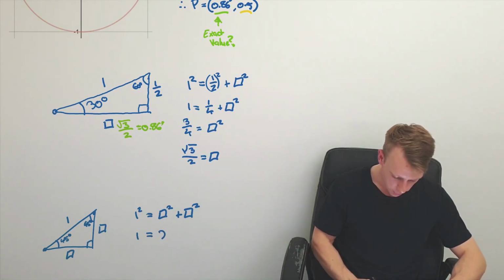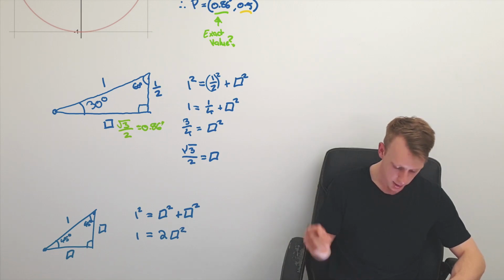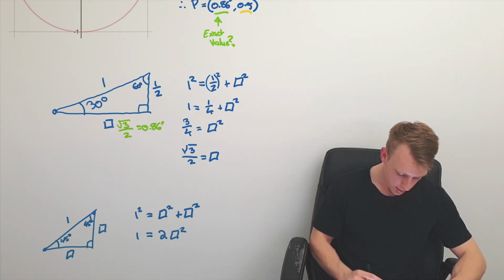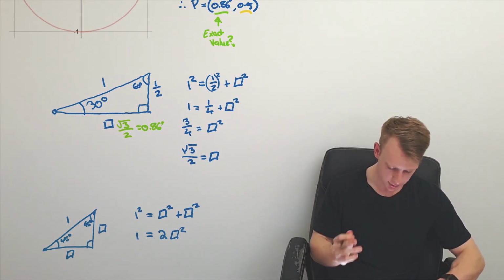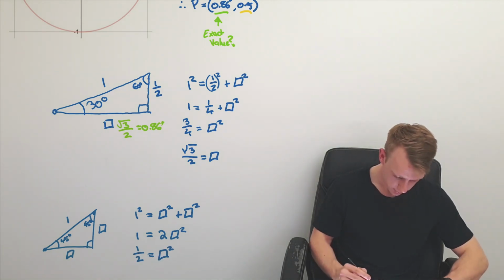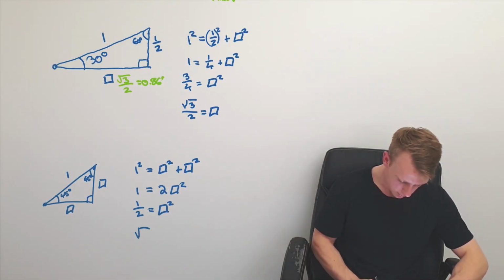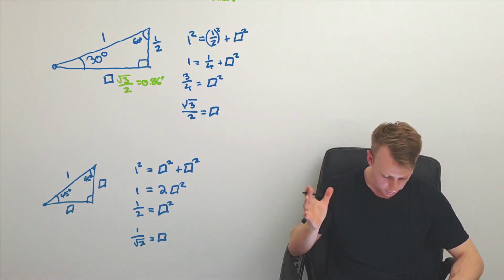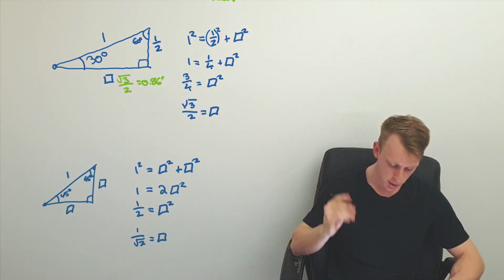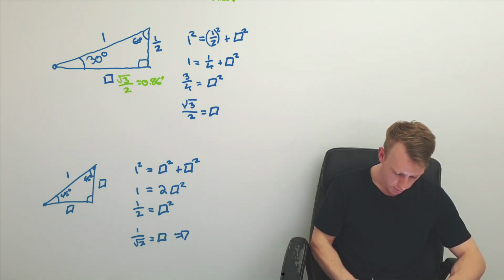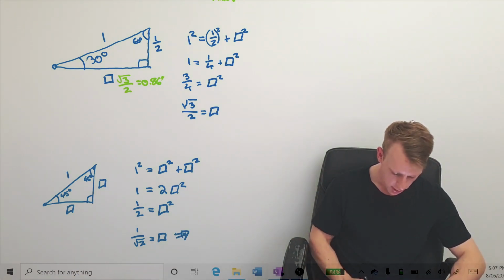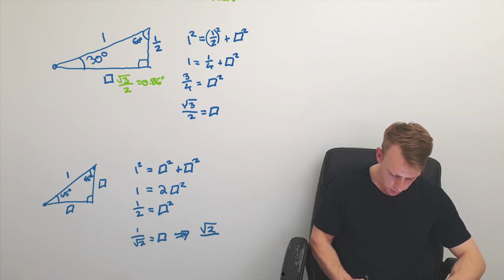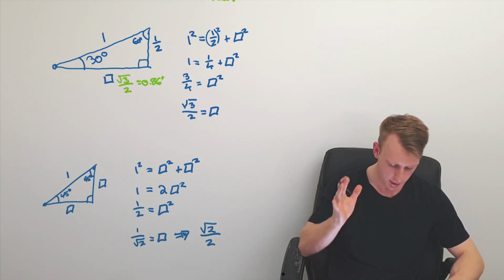So you'd say that you've got 2 of this thing squared, and you would just rearrange and solve it. You can determine the exact value is 1 on root 2. However, we normally like to rationalize our denominators. So we would say that it's root 2 on 2, with a rationalized denominator.